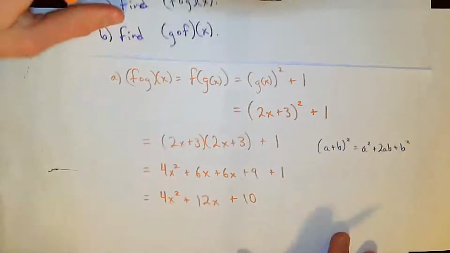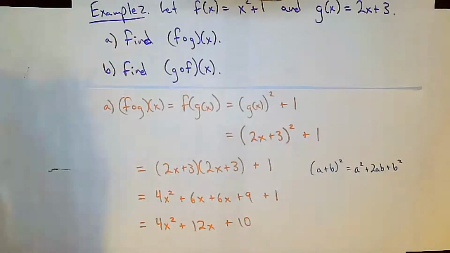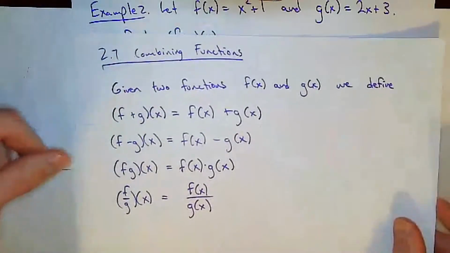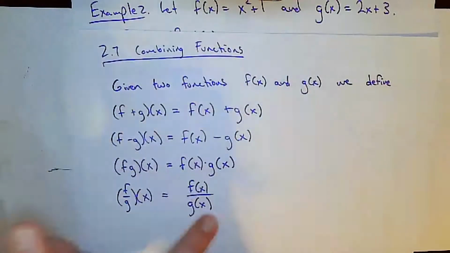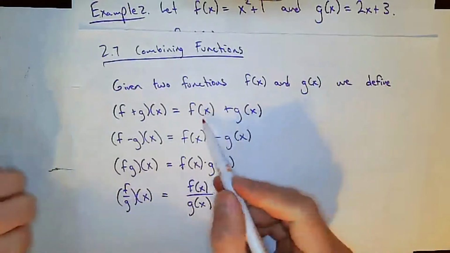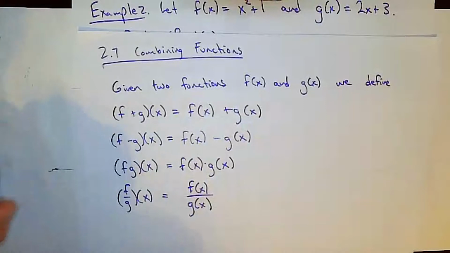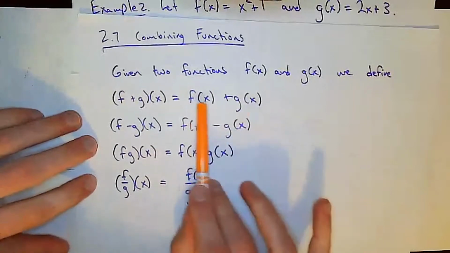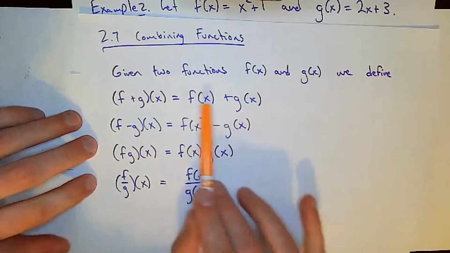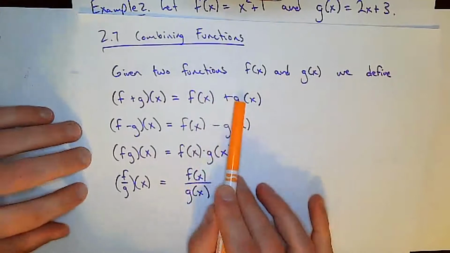Let's look at the opposite direction. Let me point something out back here. Which of these operations do we expect to commute, meaning which ones can the order flip? Sums can flip. F of x plus g of x is the same as g of x plus f of x. That's how addition works.